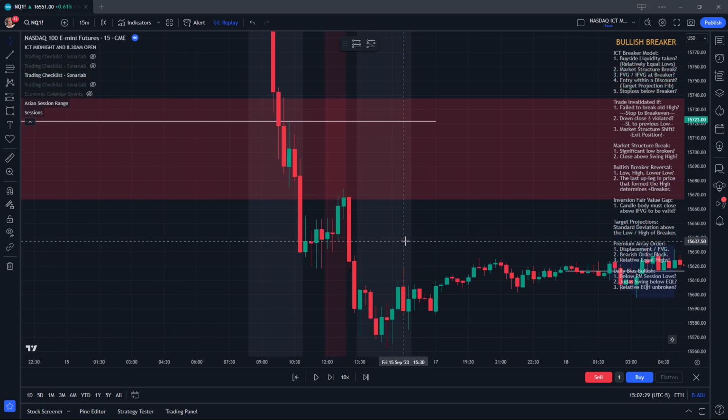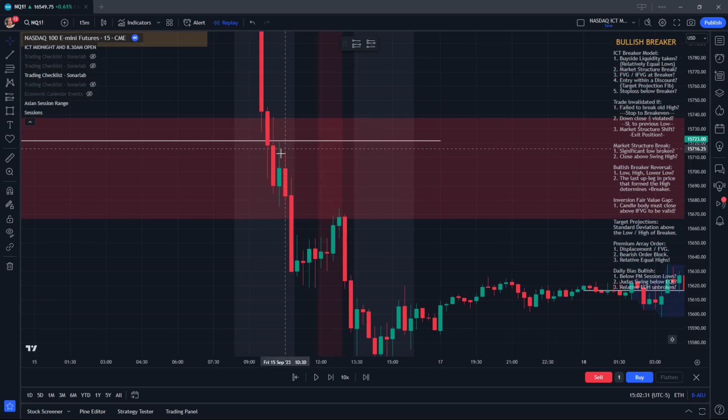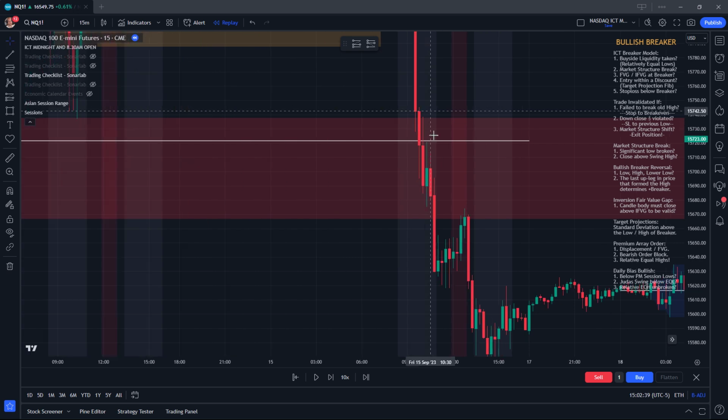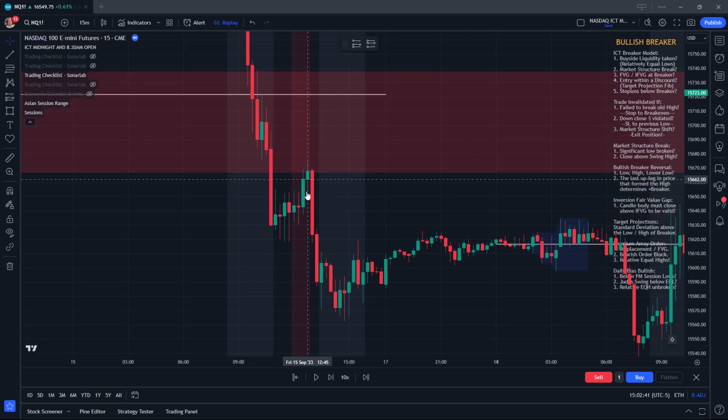I mean, we get this swing high here, don't we? I think we've probably gone below the midnight open, so we're not going to be able to take short positions.